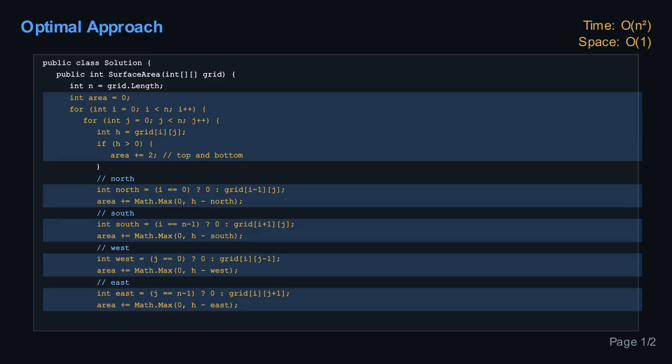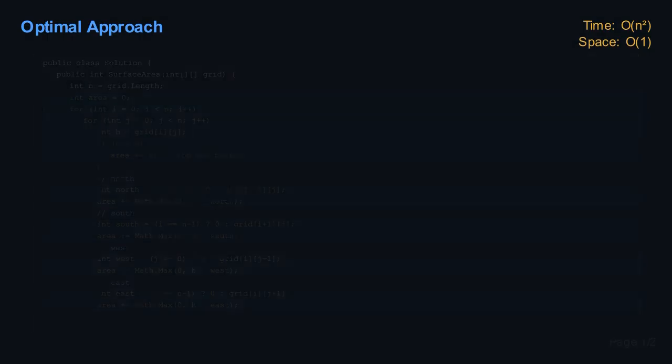For east, if j is the last column, east neighbor height is 0, otherwise it's grid at i, j+1. In each case, we add the maximum of 0 or current height minus the respective neighbor height to total area. After iterating through all cells, our total area variable will hold the final answer.